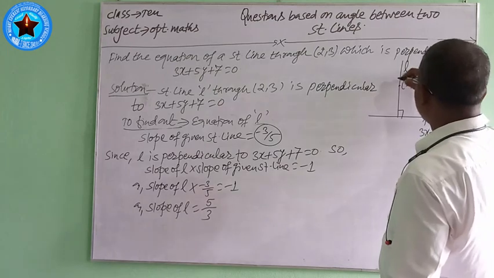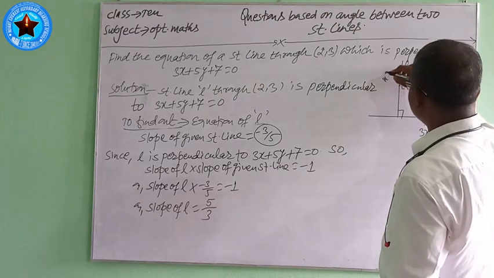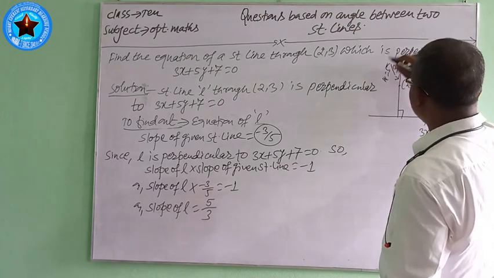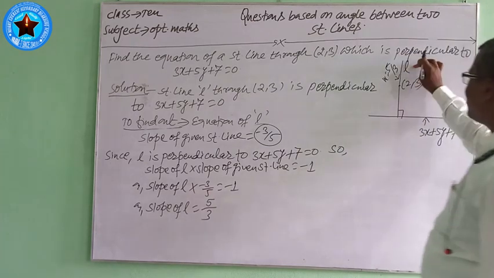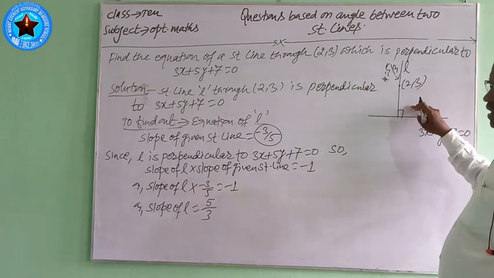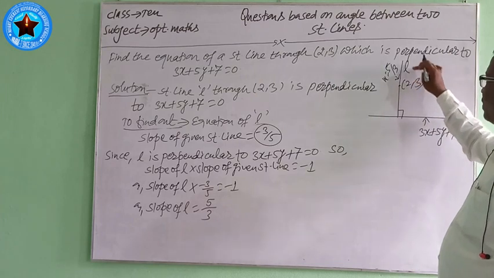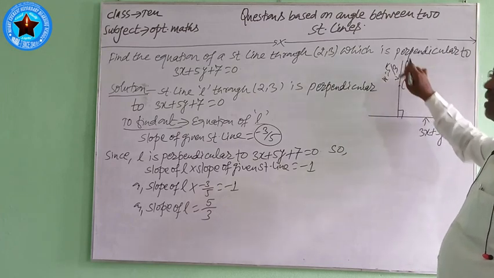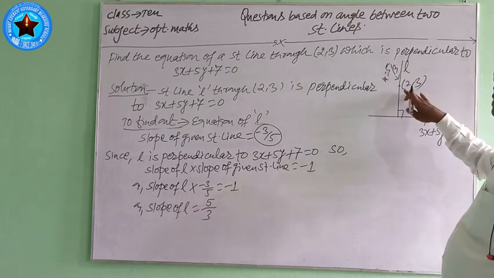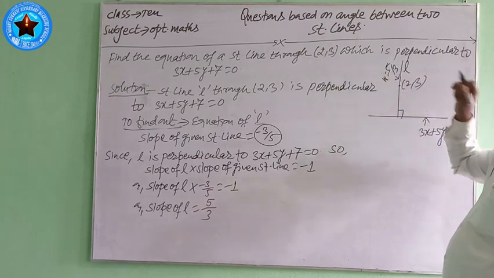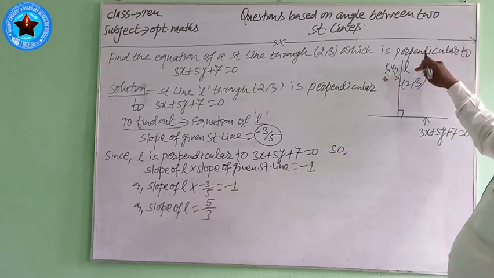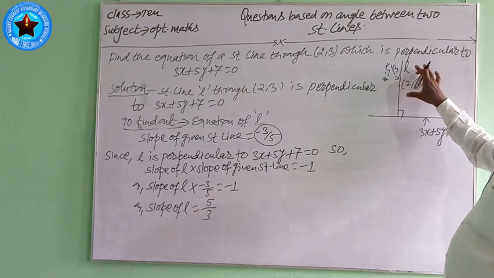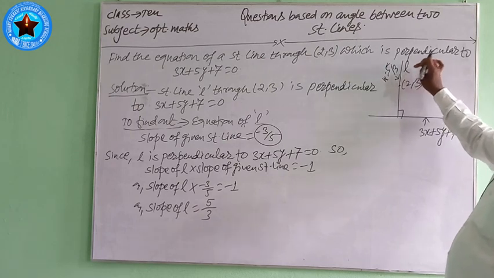Now we have the slope of L, that is m equals 5 by 3, and a point 2, 3 on L. Again here we can use the point-slope form to find the equation of L.